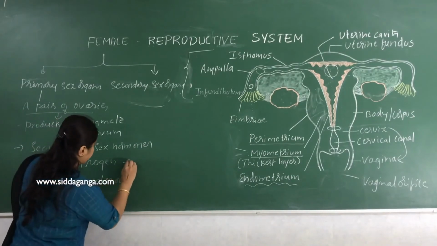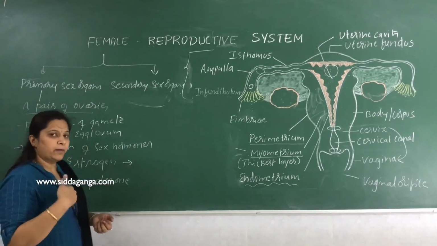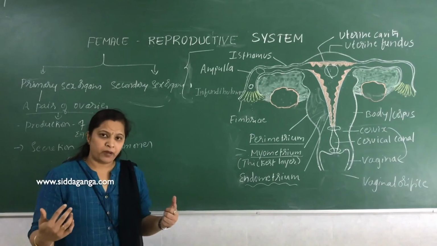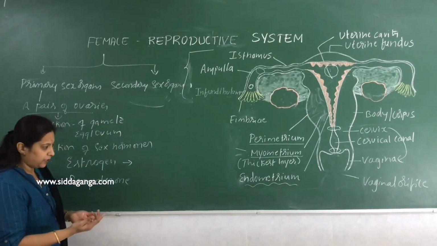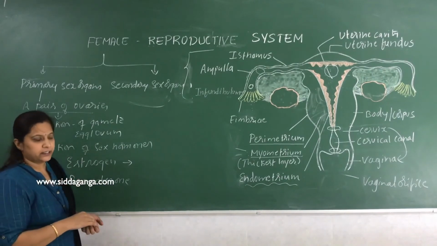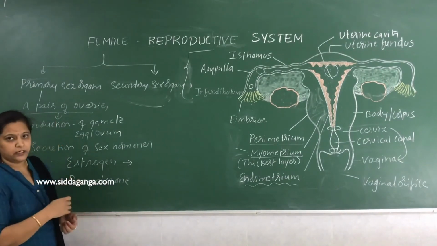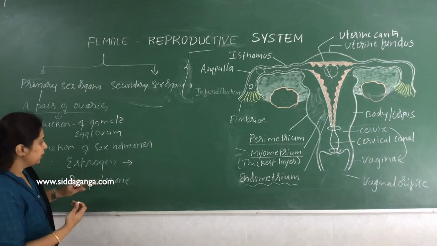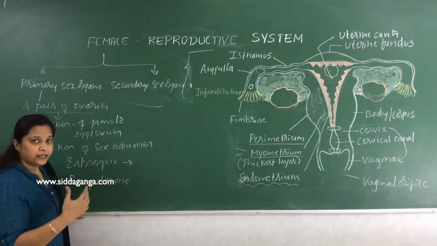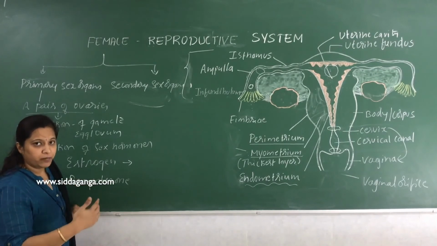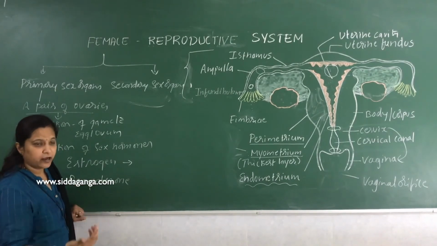Secondary sexual characteristics, in the sense of development of mammary glands, broad pelvis, deep-pitched voice, then growth of pubic hair. So all these are some of the secondary sexual characteristics that are seen in girls at the time of puberty.